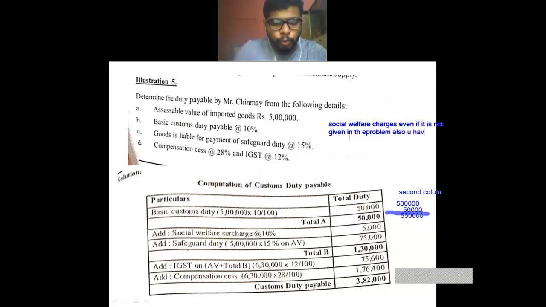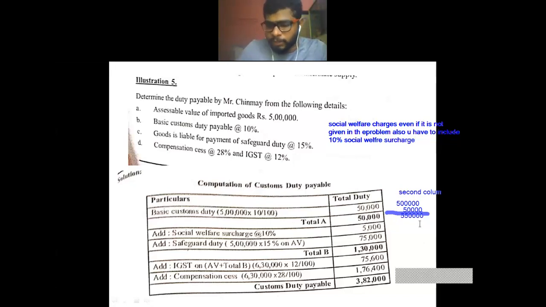Social welfare charges, even if it is not given in the problem, you have to include, 10% social welfare surcharge. So therefore you calculate social welfare charge 10%. This 10% for which amount? This 10% on tax amount. Tax amount is how much? 50,000.